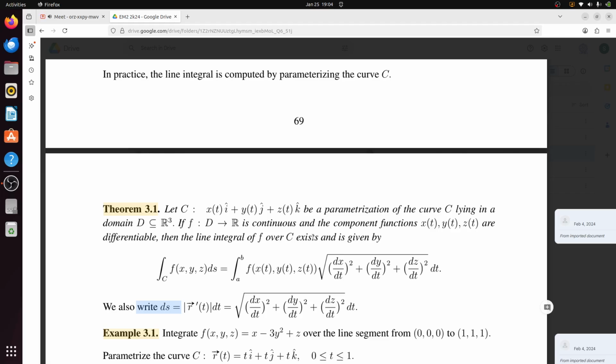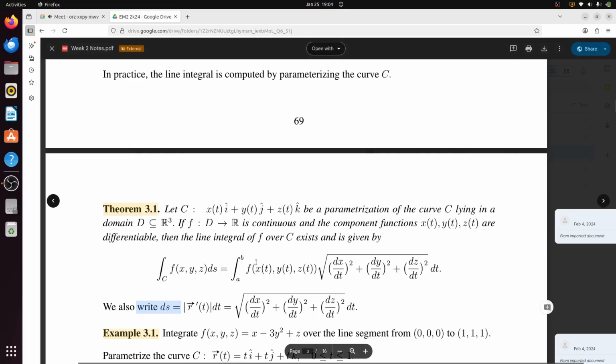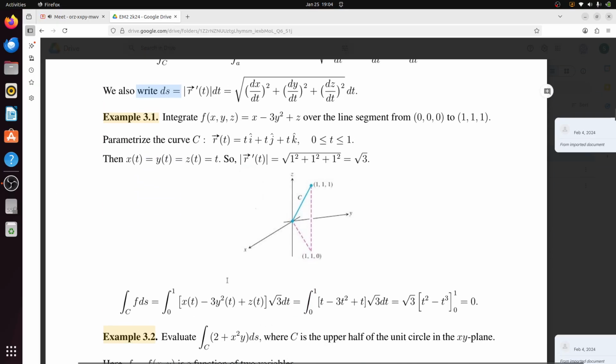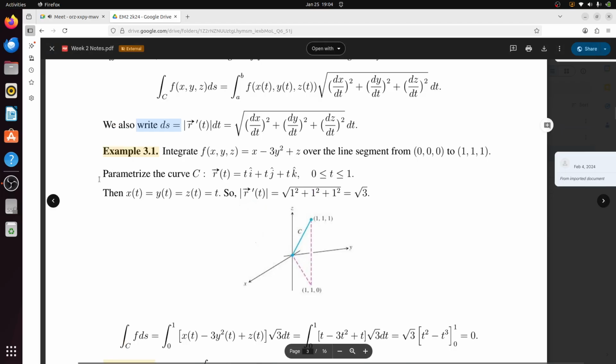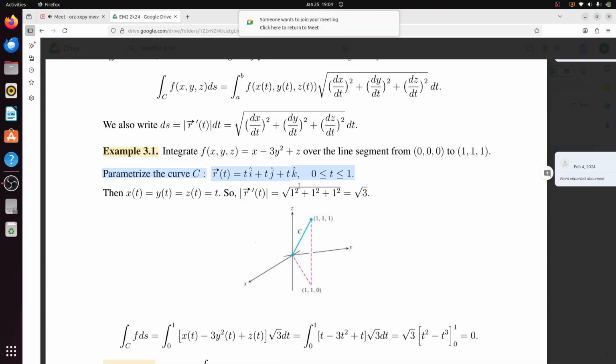Sir, answer is 0. Okay, very good. So you need to first parameterize the curve as r(t) equal to t i plus t j plus t k.